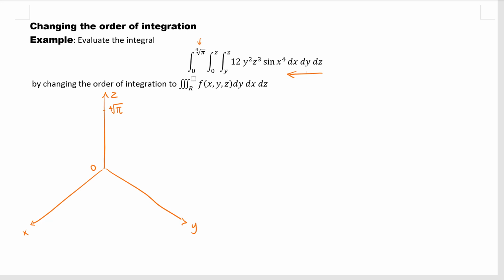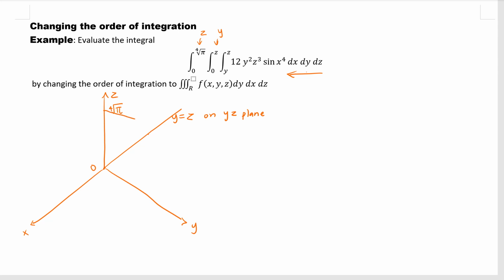So this is z. Where's y equals 0? Y equals 0 is here, to y equals z. So y equals z on the yz plane. What is that? It's something like that, the line, right? So far so good, everybody?